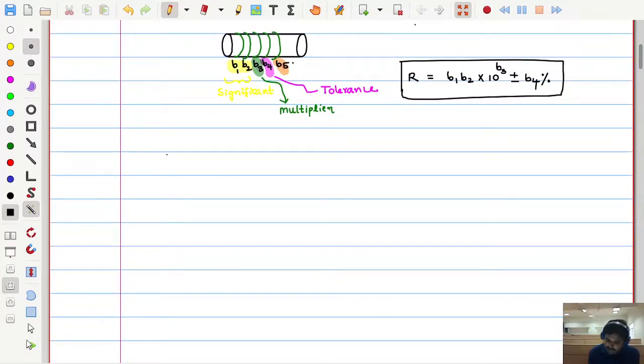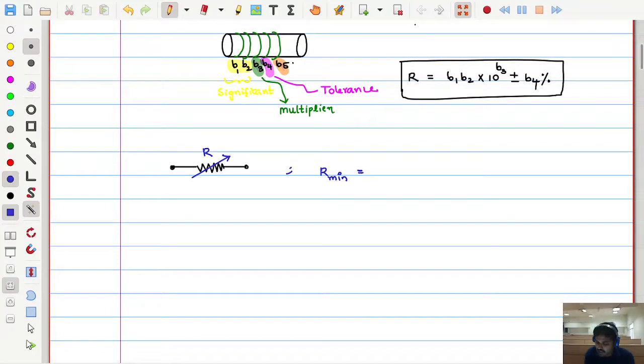If the resistor is a variable resistor, I simply take an arrow on top of it. This represents a variable resistor. Now let us see what the R minimum might be: how much is the minimum value which I can adjust with the help of this resistor?